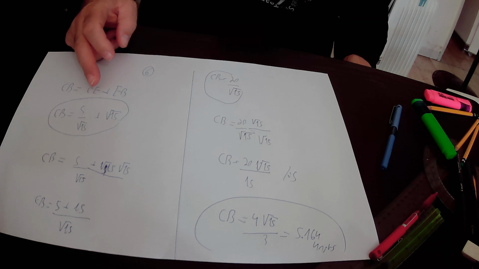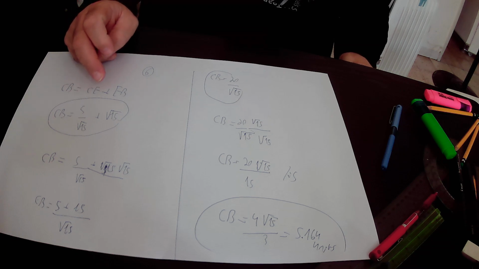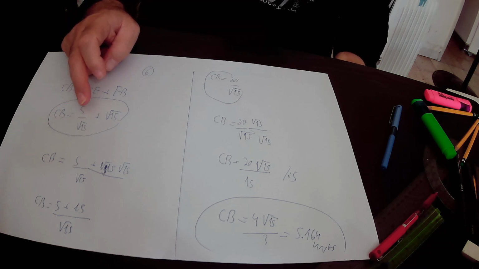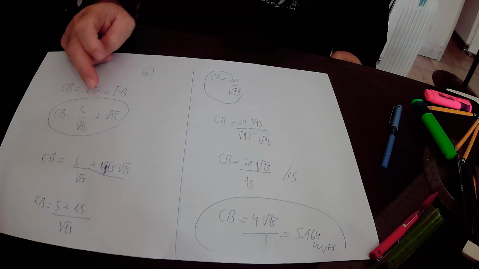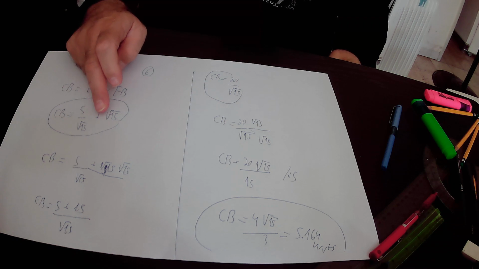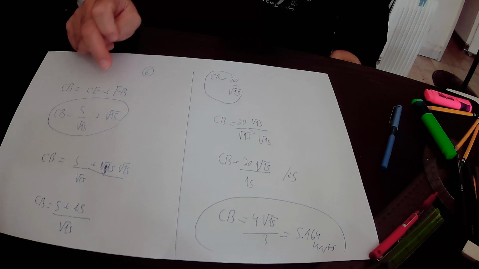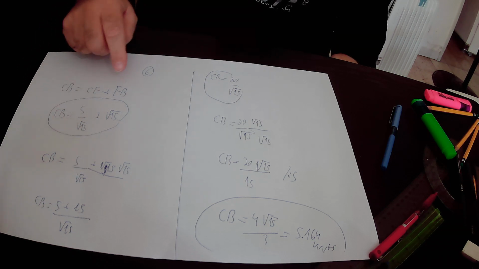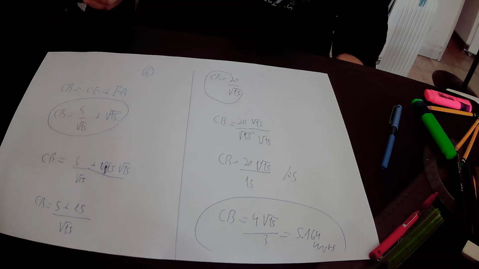Why? Because we don't want a square root in the denominator. In order to eliminate the square root in the denominator here, we multiplied square root of 15 by square root of 15 and then divided by square root of 15, so that this expression will have a common factor with 5 over square root of 15.